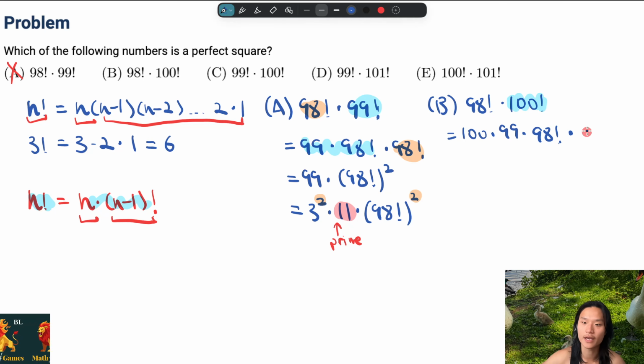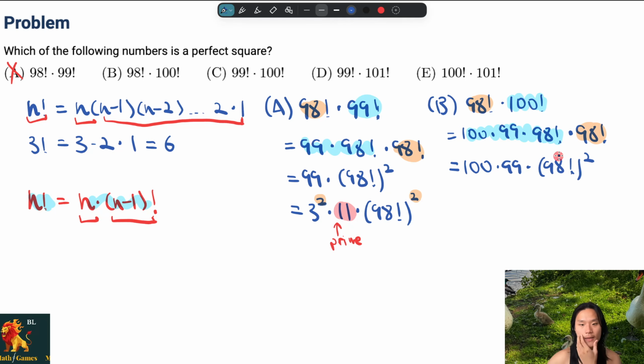And once again, we have another 98 factorial. So we group these terms, so we leave 100 and 99 on their own, and then 98 factorial will be written as squared.